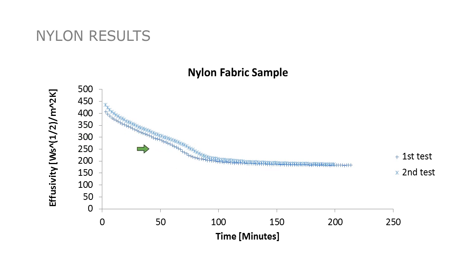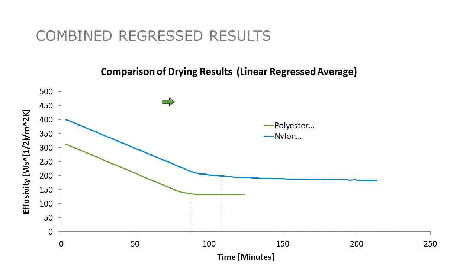But again, you see a pretty good, reasonable reproducibility to that profile, and it looks like they let it go even longer in terms of the testing. If we do a linear regression on those results and bring the average together, we can use it as a basis of comparison, comparing the polyester to the nylon.